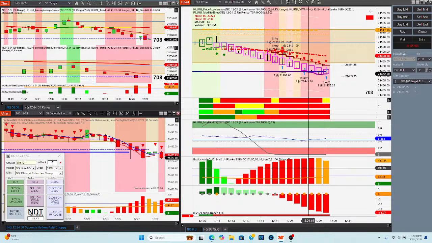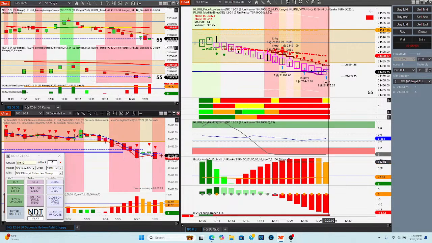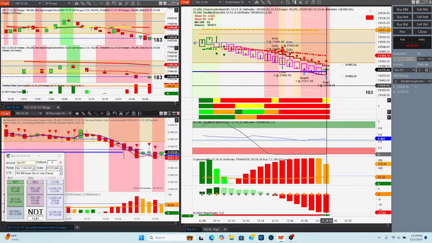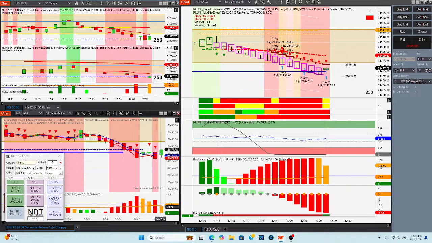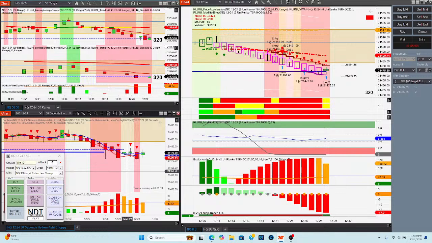And I don't like it when these turn and go down. Now if this was red still, I'd be looking at this and my 30-second, saying, well, are we getting something here?